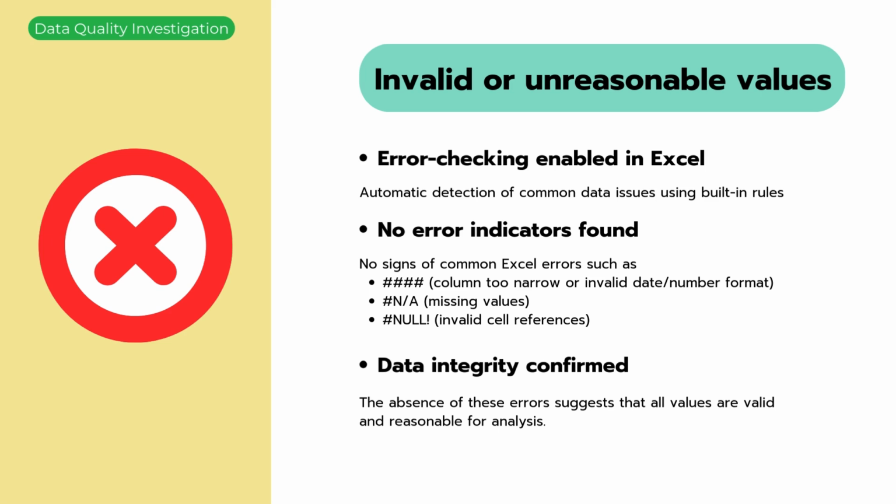When no error indicators are present, such as for chart or column width or formatting problems, as well as #N/A for missing values or #REF! for invalid references, it suggests that the dataset is free from typical entry errors. This absence of warning signs helps confirm that the values are valid, formatted correctly, and reasonable for further analysis.